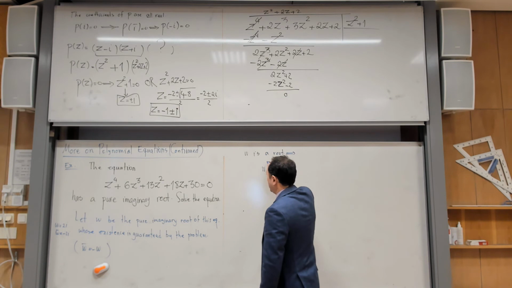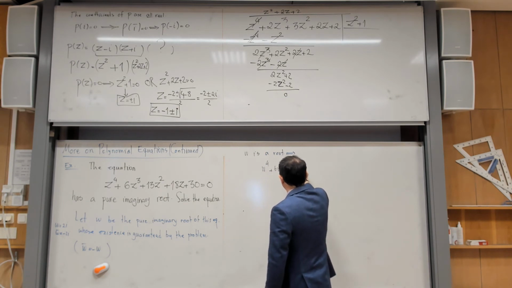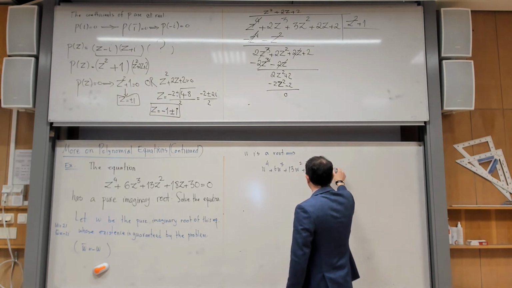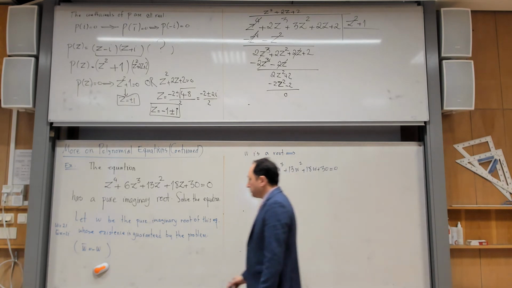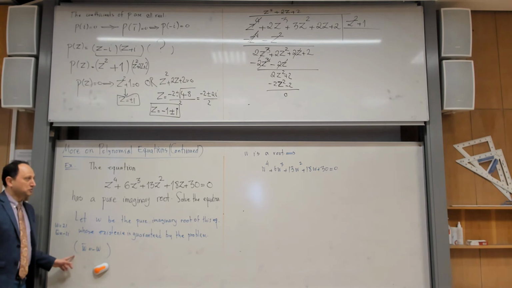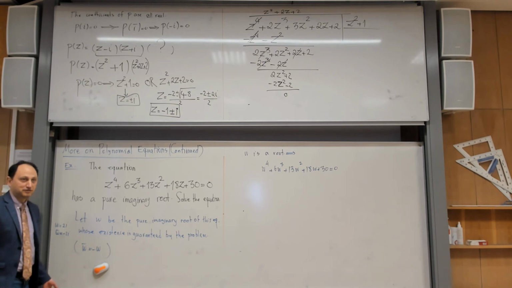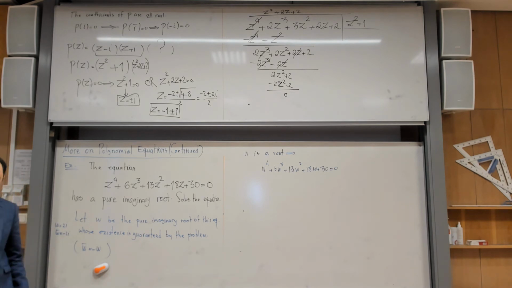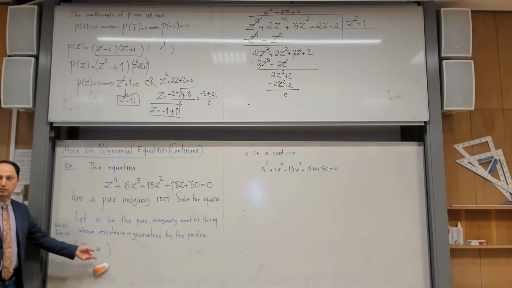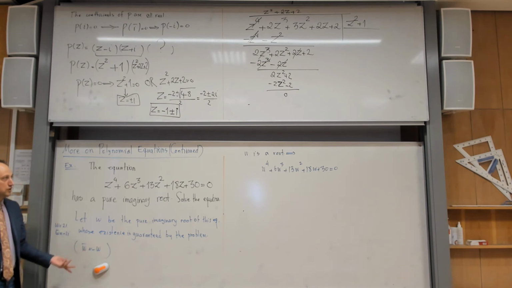So W to the power of 4 plus 6 W to the power 3 plus 13 W to the power 2 plus 18 W plus 30 is equal to 0, okay? So W bar is minus W, and that is the only piece of information provided for us. If I want to use it somehow, what should I do?